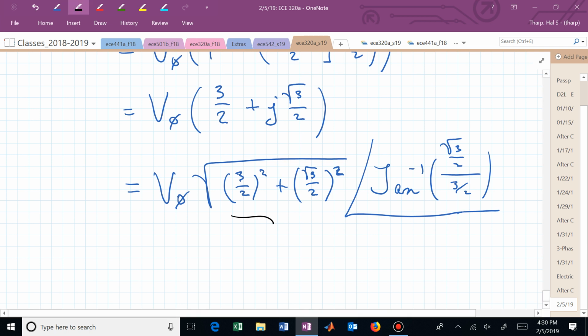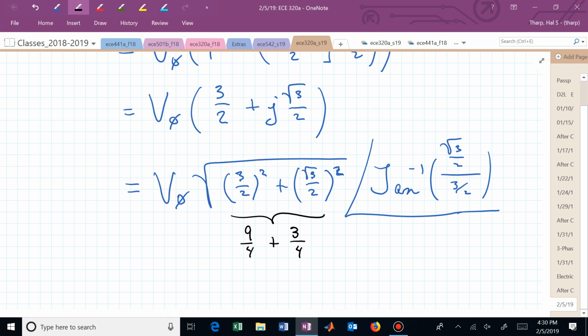And what is all of this? This is now 3/4 plus, can't square 3 today. 3 squared is 9, over 4. And the square root of 3 over 2 squared is 3/4. That's now 12 over 4, or 3. So the magnitude is the square root of 3. What's this angle?